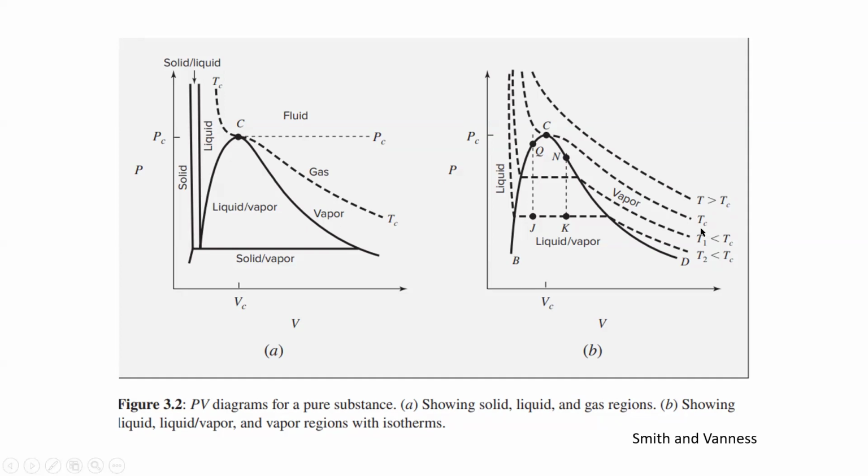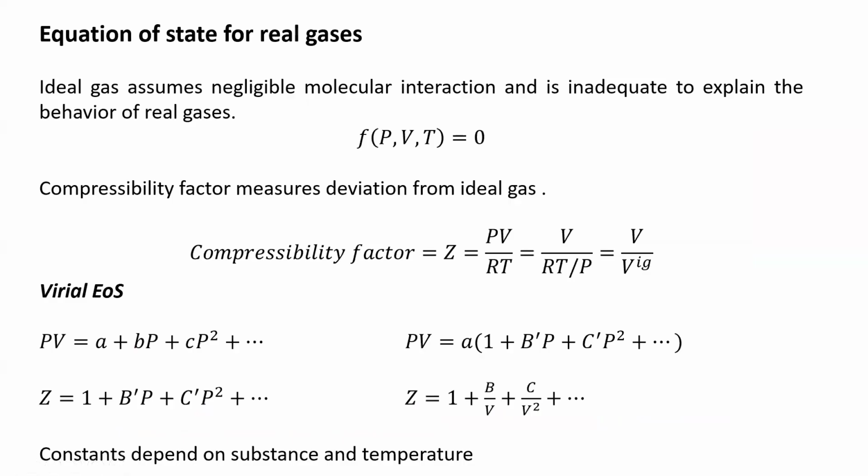When it is constant, that is an ideal gas. But here we can see it has been changing, right? So people have worked on this and come up with different equations of state, and now we are going to study different equations of state.